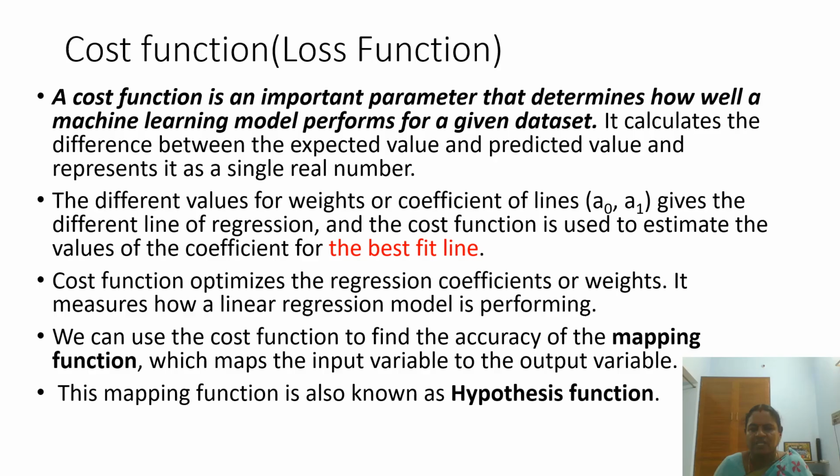The purpose of the cost function is to optimize the regression coefficients or weights. It measures how a linear regression model is performing. It can also be used to find the accuracy of the mapping function, which maps the input variable to the output variable. This mapping function is also known as the hypothesis function.